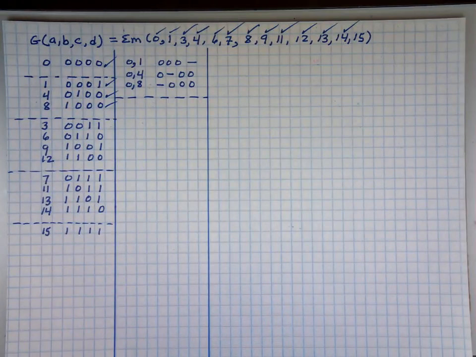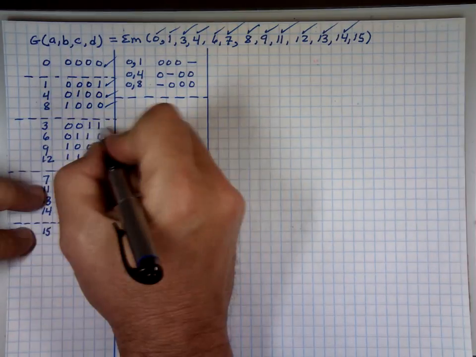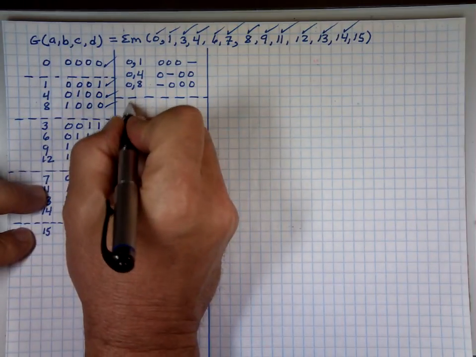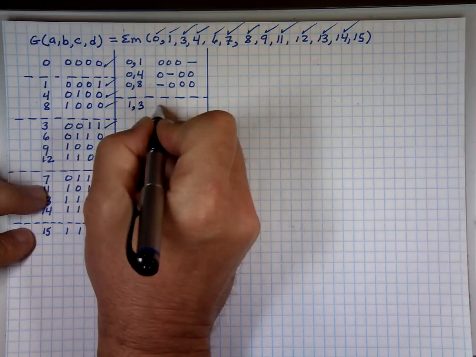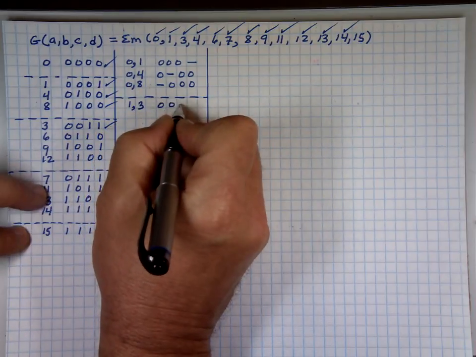Now we're going to look at this group and this group. I see the 1 and the 3. Do you see the 1 and the 3? 0, 0, dash 1. 1 comma 3. 0, 0, dash 1, we said, right?